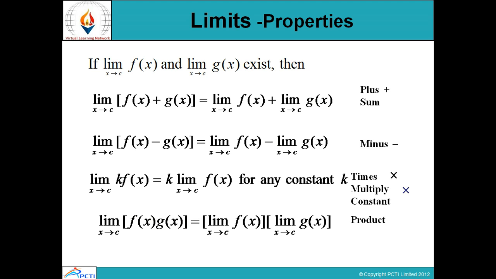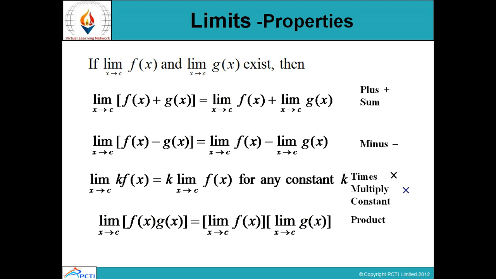That is known as the sum rule. Then the difference rule: if we subtract the functions, then limit as x tends to c of f(x) minus limit as x tends to c of g(x). Limit as x tends to c of k times f(x) equals k times limit as x tends to c of f(x), for any constant k. This is also called the constant multiple rule.